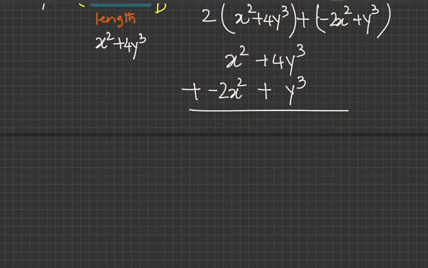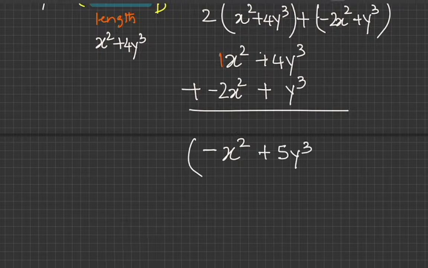So here I have x squared and negative 2x squared. Negative 2x squared is a bigger term, so I put the negative sign. So think that there is 1, so 2 minus 1 is 1, but we just put the negative x squared, and here both are positive, so plus 5y cubed.